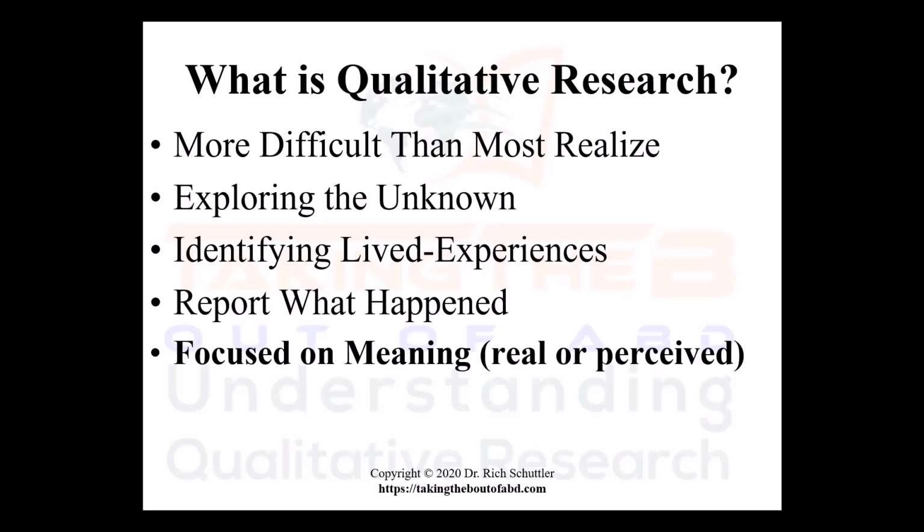I'll go into this more throughout the lesson, and that's what we have to understand about qualitative research, is that it may be perceived, because a lot of times, particularly when we're doing phenomenology, we're asking for people's assumptions, beliefs, and what they have in regards to perceptions. And they may not always be true.